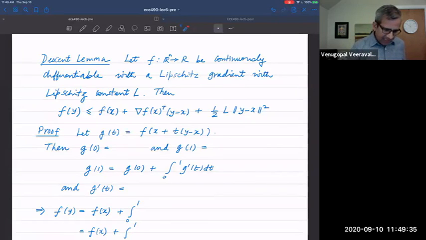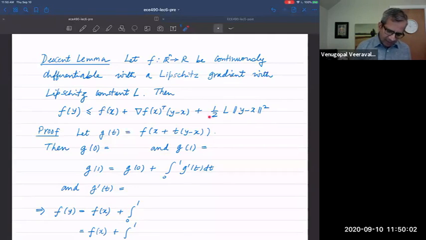So what this is saying is that I can upper bound f of y by something that's quadratic in y. On the right hand side, it's a quadratic in y. So something with a Lipschitz gradient can be upper bounded by a quadratic in y. Now some of this might look familiar to you already.